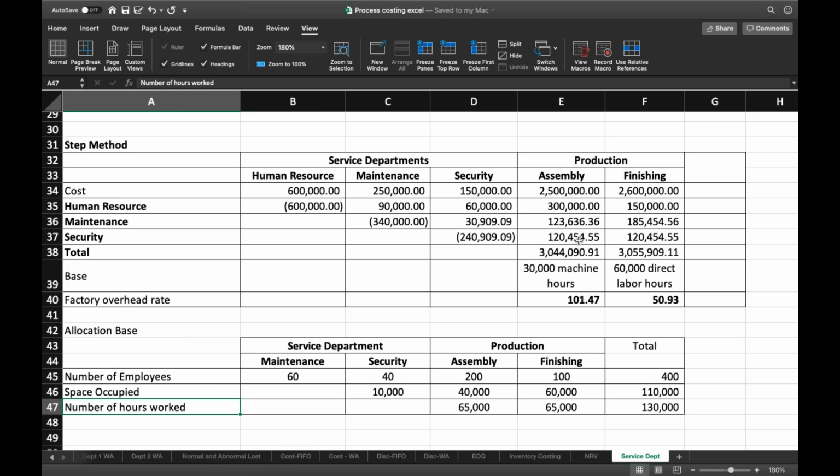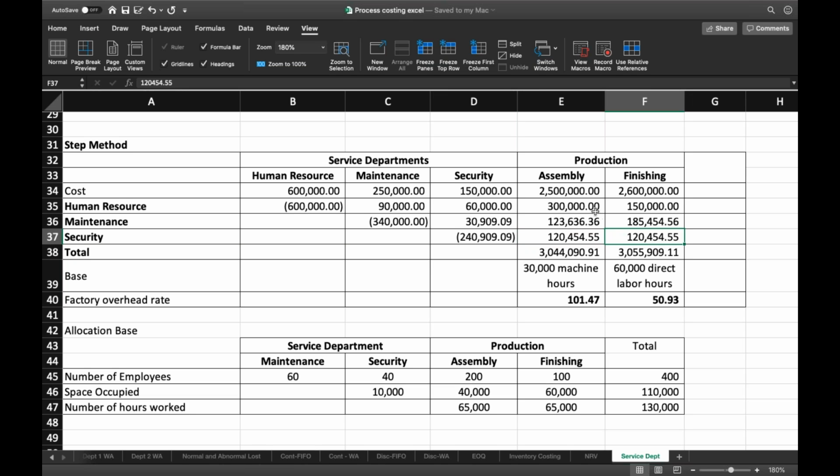Since the assembly and finishing departments are the remaining departments where these costs will be allocated, and they use an equal number of hours, 65,000 and 65,000, you can simply divide 240,909.09 by 2.